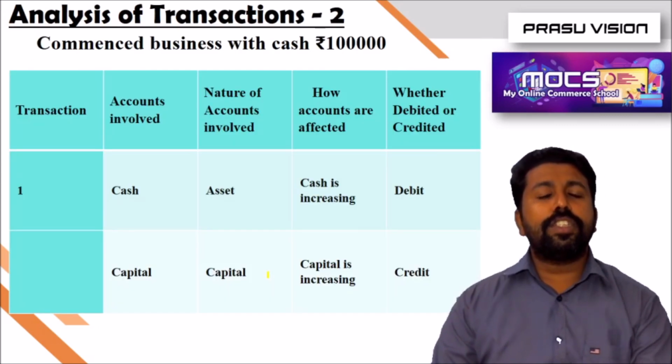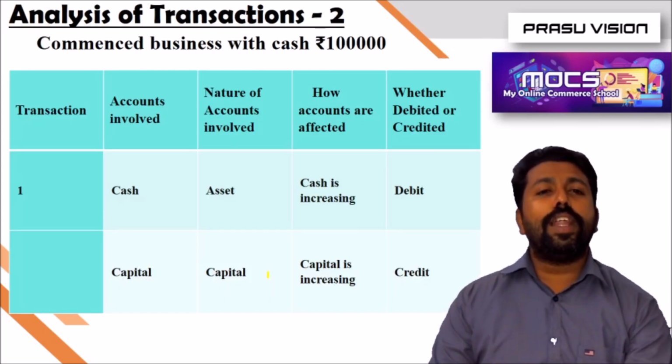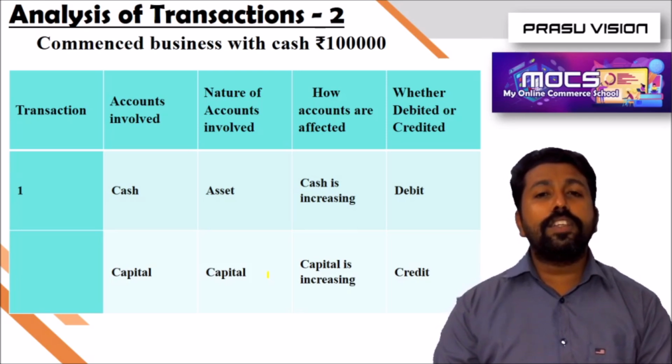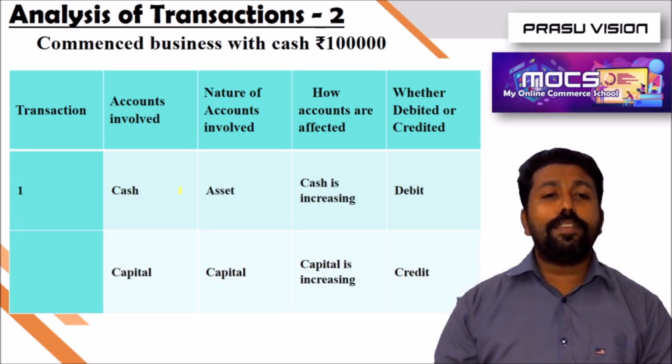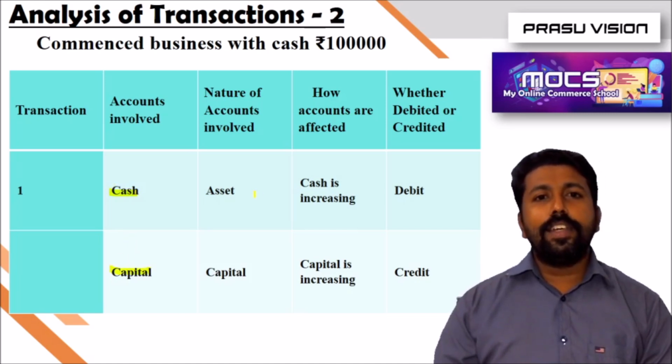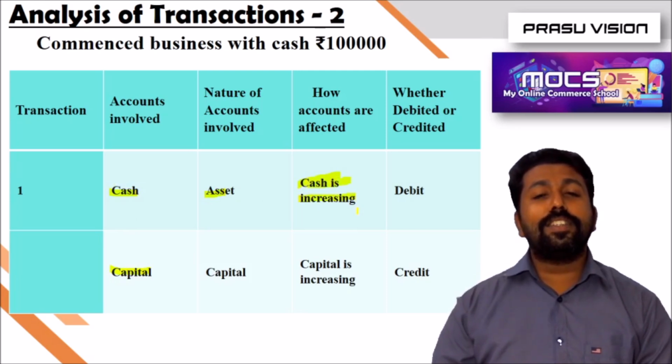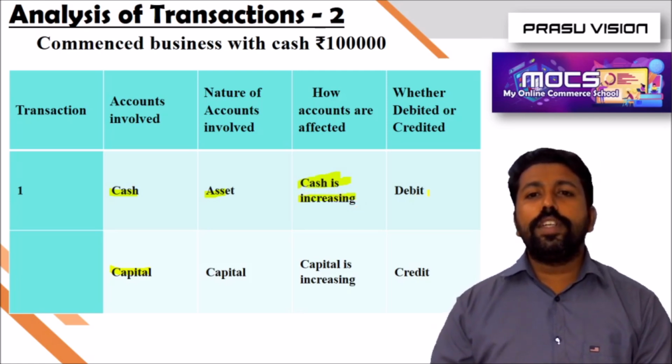So the first transaction, commenced business with cash 1 lakh. What are the two different aspects? One is cash account, another one is capital account. Cash is asset and cash is increasing to the organization. In the organization, when the partner or the owner is bringing cash, it increases. So debited.